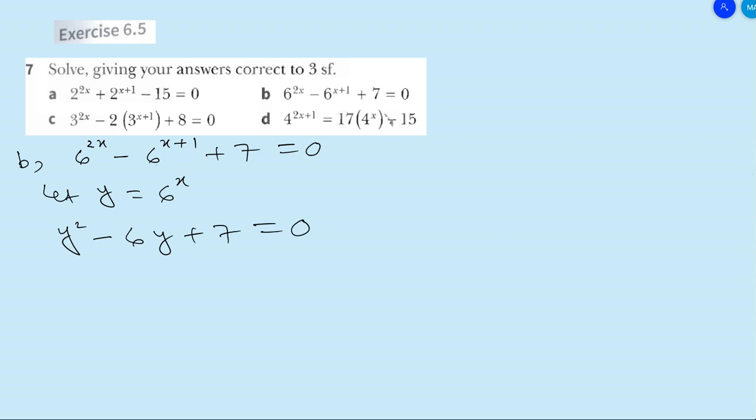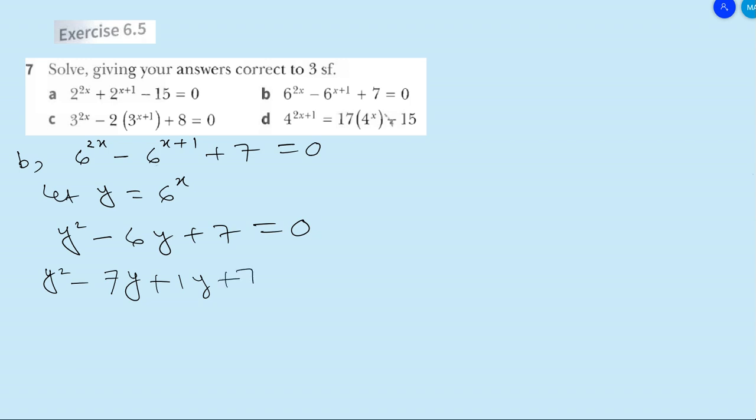Now apply the middle term break method. y square minus 7y plus 1y. 7 times 1 is 7, 7 minus 1 is 6.